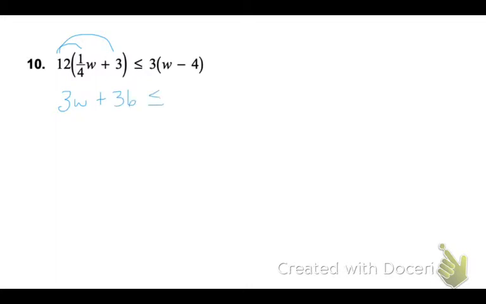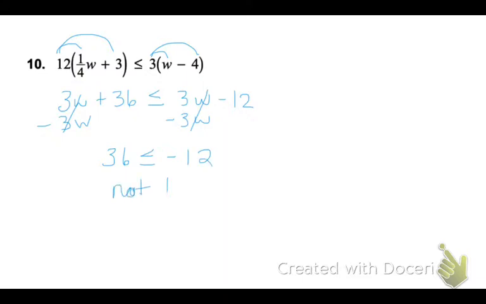That's going to be less than or equal to, and then we'll distribute the 3w minus 12. So let's subtract 3w, right? That cancels out. So is 36 less than or equal to negative 12? Not true, so no solution. Okay?